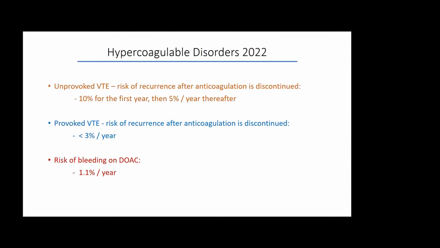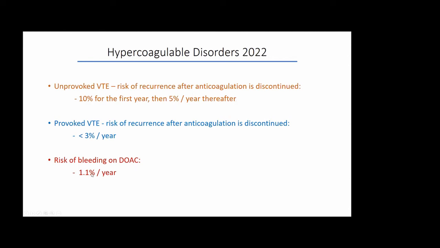Okay, that's why this provoked, unprovoked business is important, because data collected over a couple of decades, 20, 30 years ago, up through the present, have confirmed that if a person has an unprovoked DVT or PE, and they take anticoagulation for a finite period of time and then stop, they have a significant risk of recurrence, about 10% or more for the first year, and then 5% or more per year after that.